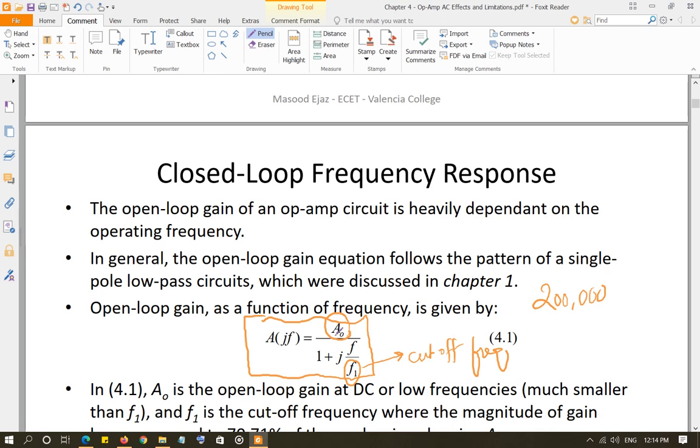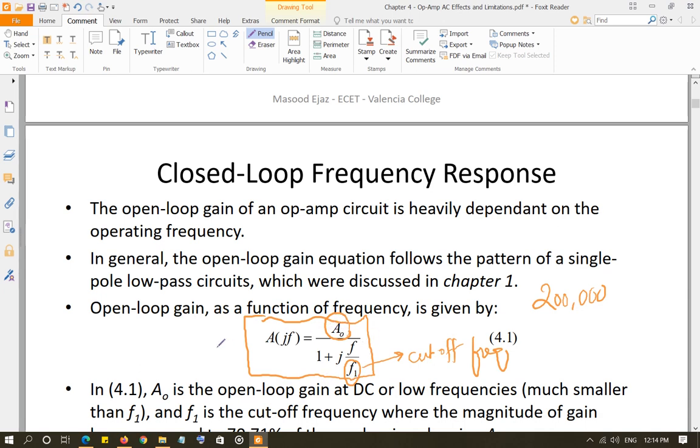So cutoff frequency for any filter, low pass filter, high pass filter, is basically the frequency at which the gain becomes, or the output voltage becomes, 70.7% of the peak gain if you're calculating gain, and if you're calculating output voltage, then 70.7% of the peak output voltage, which you can see clearly over here when you take the magnitude of this complex number.